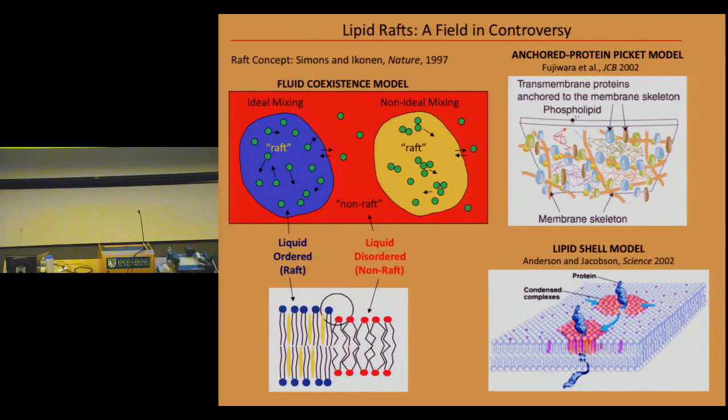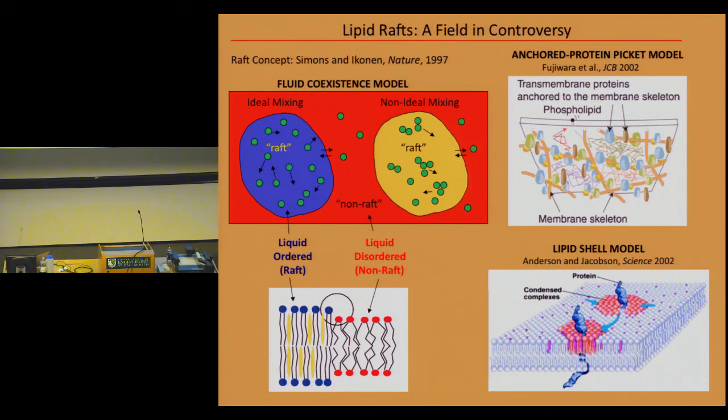A raft, which is an ordered lipid phase that's got enrichment in saturated lipids and cholesterol and relatively ordered acyl chains, and a non-raft phase, which is also a fluid and has less order, more unsaturated lipids, and less cholesterol. And the idea is that you'd have protein molecules that preferentially partition into the raft phase and so are therefore clustered in these domains.